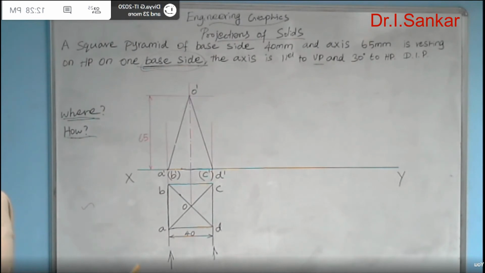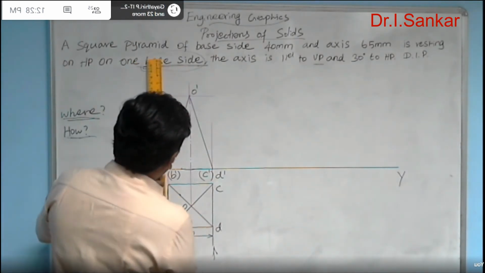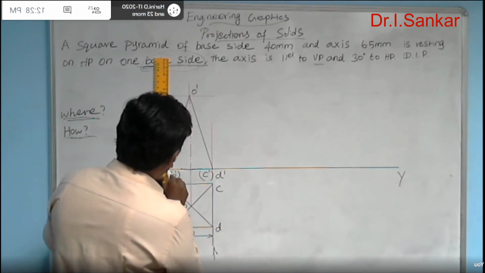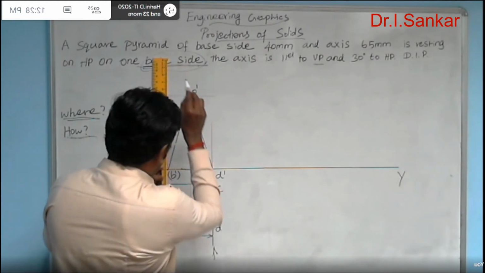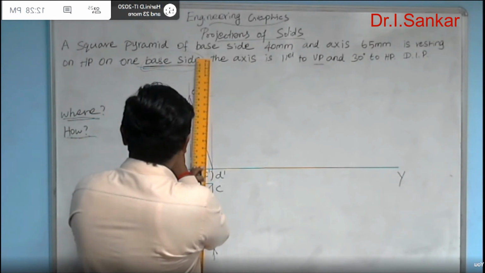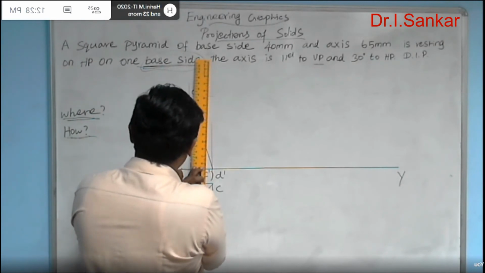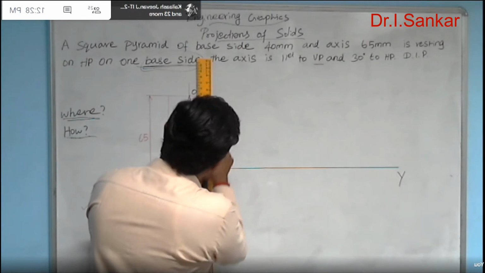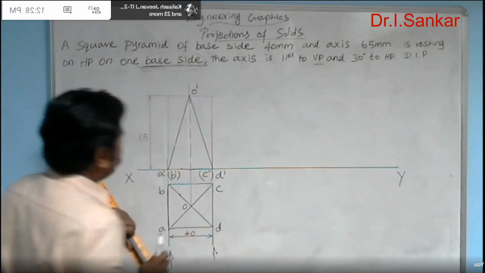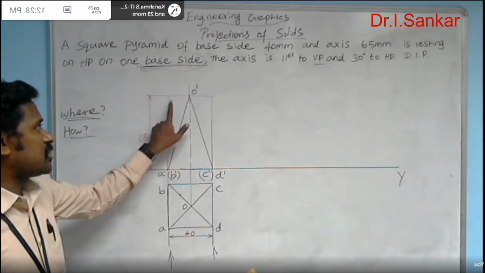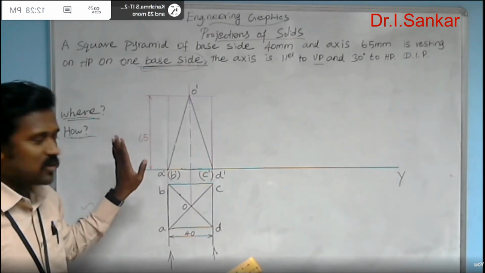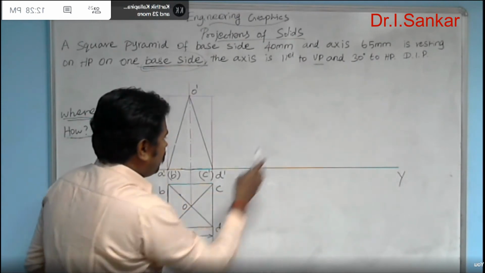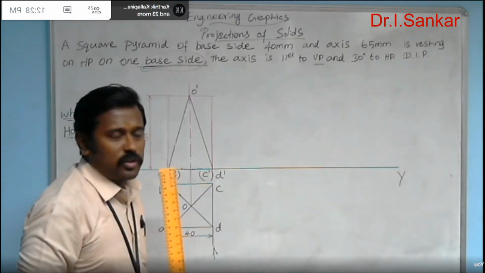For that, what I am doing is I just enclose this front view inside a box. Now I need to redraw this box with 30 degrees inclined to XY.